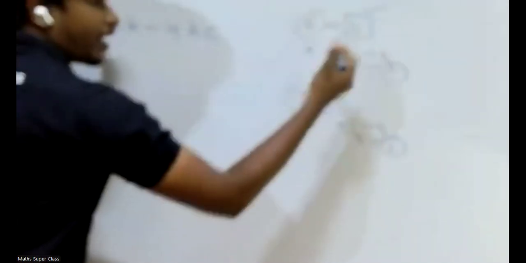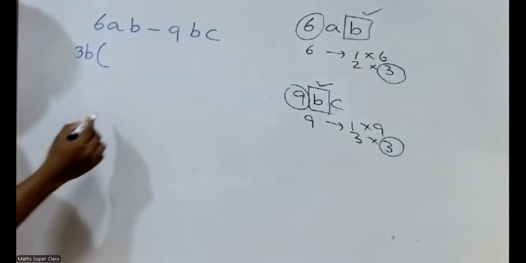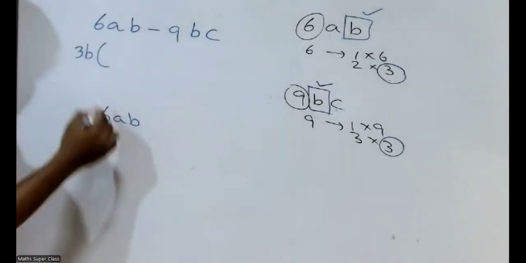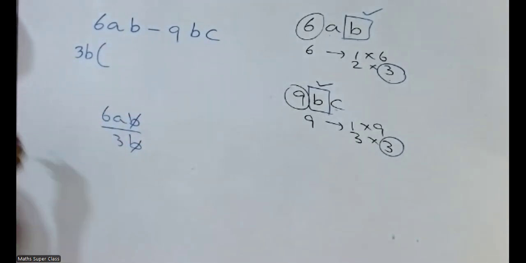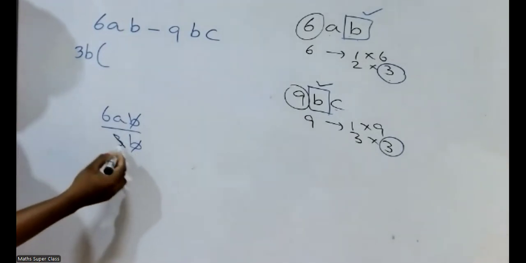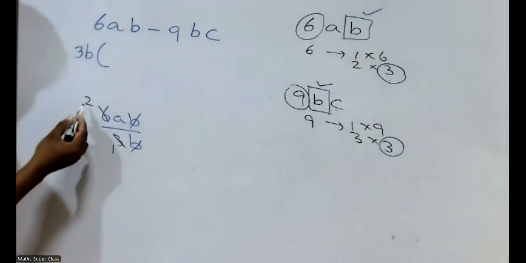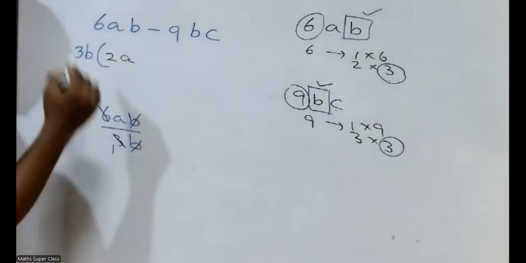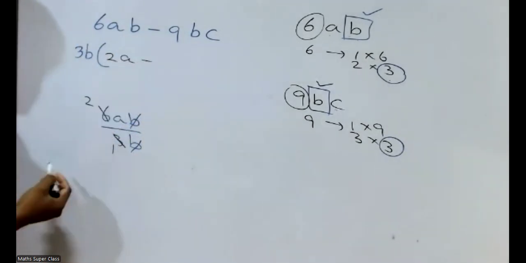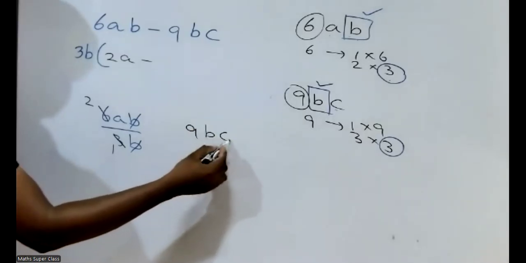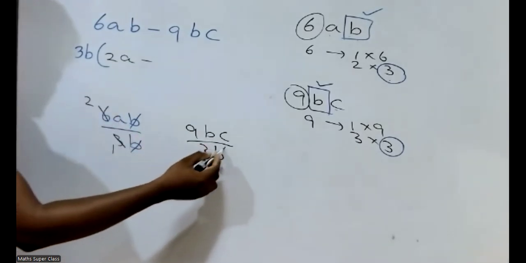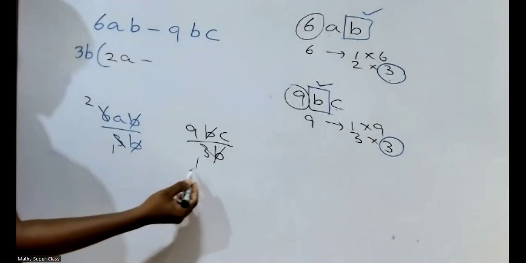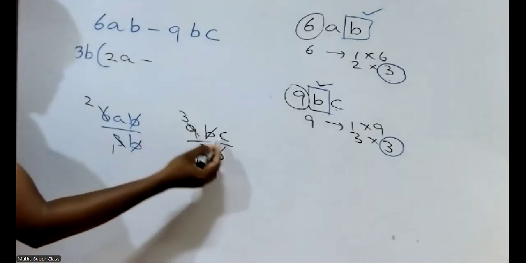So 3b is the common factor. 6ab divided by 3b: 3 times 1, 3 times 2, so 2a. Minus 9bc divided by 3b: 3 times 1, 3 times 3, so 3c.